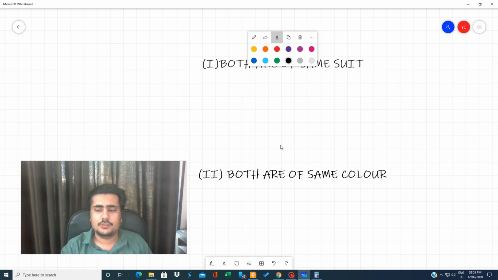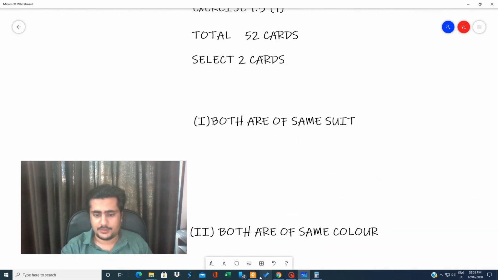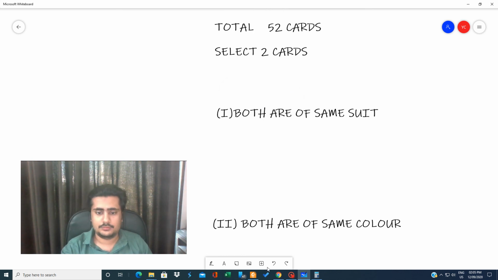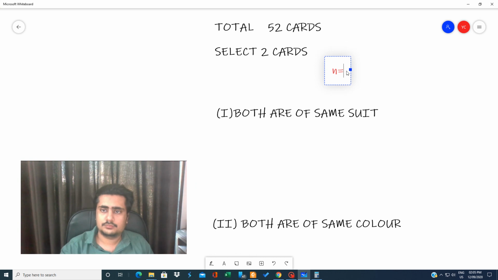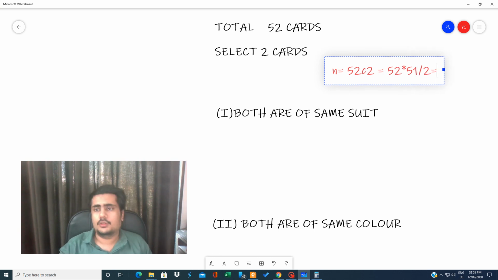First of all, I want to write the total possibilities. So my total possibility, that is n, is equal to 52C2. Now 52C2 means 52 into 51 upon 2.